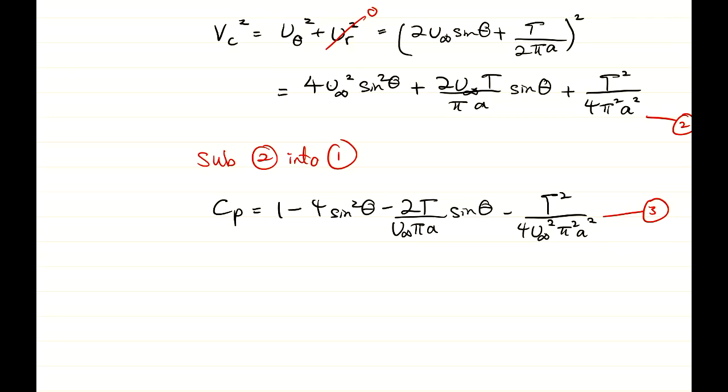Again, hopefully you can see that this one here, 1 minus 4 sine squared theta, what flow is that? We have seen it before. That's just a flow over a non-rotating cylinder.